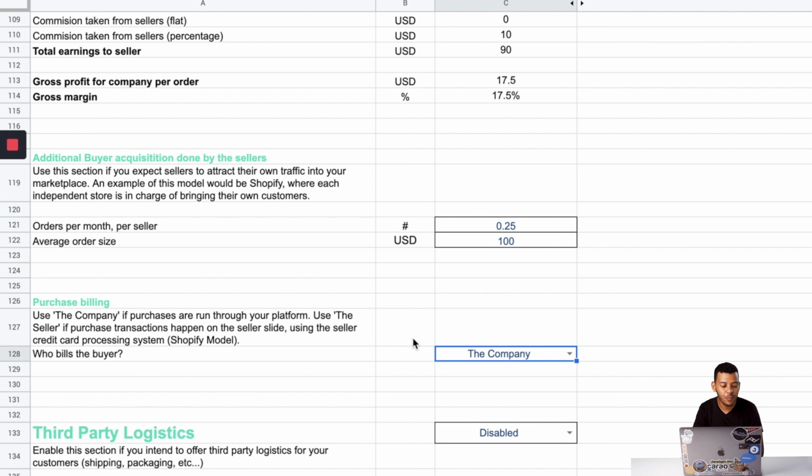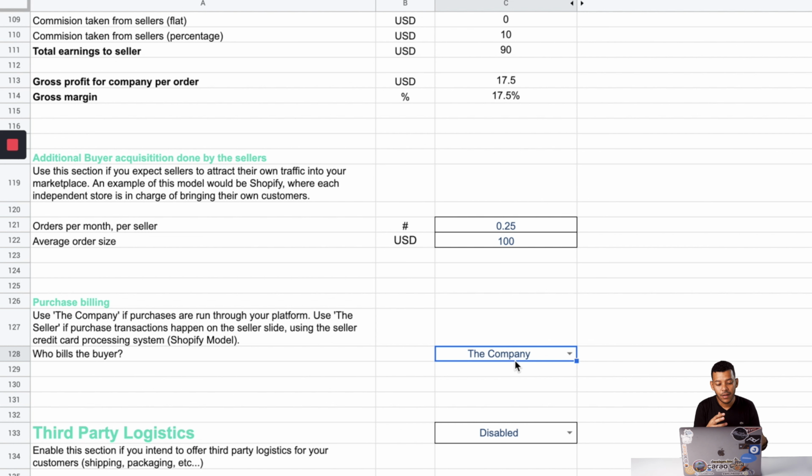When you say who bills the buyer, you can set that to the seller, which I think is going to be more rare in the models that you guys are going to be building, which is again the Shopify model where they're going to be connecting their billing information, or the company. That means you, the company, are the one that charges everything and then transfers that money to the sellers.